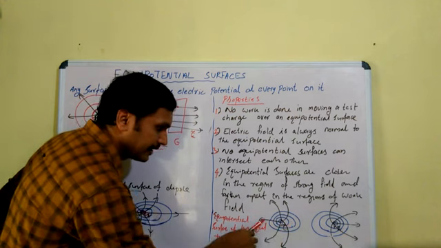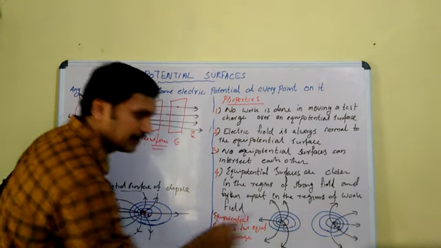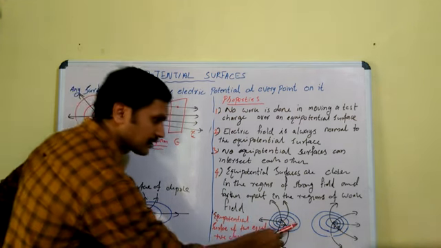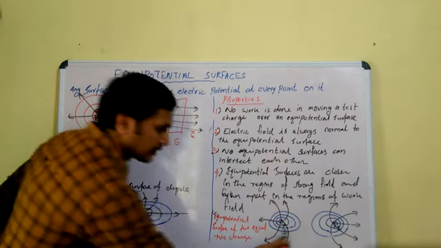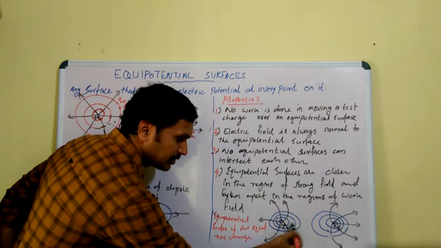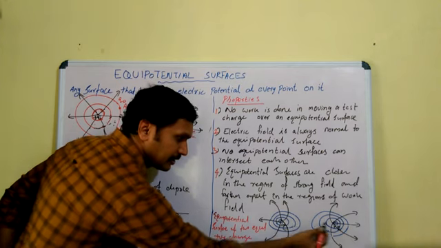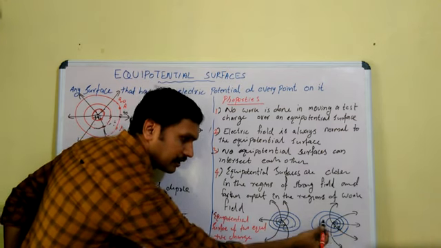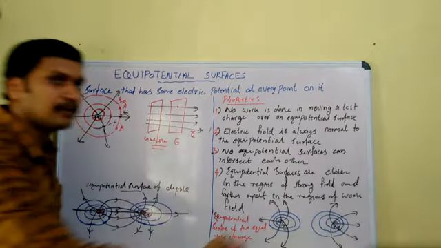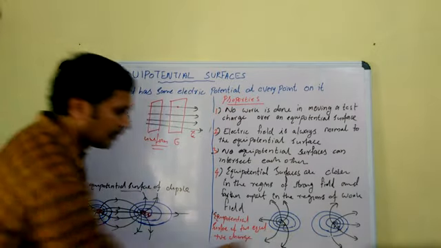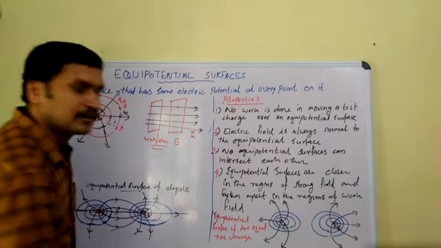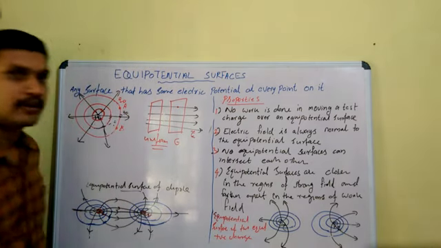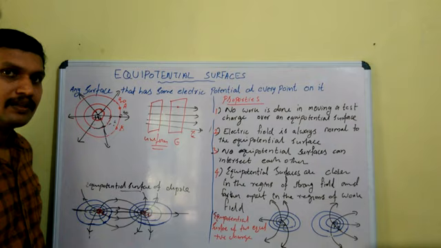Comparing these two points, the strength of the electric field here is greater than the strength of the electric field in between the charges. That is why the separation between the equipotential surfaces is more here, while in the region where the electric field is strong the separation between the equipotential surfaces is less.